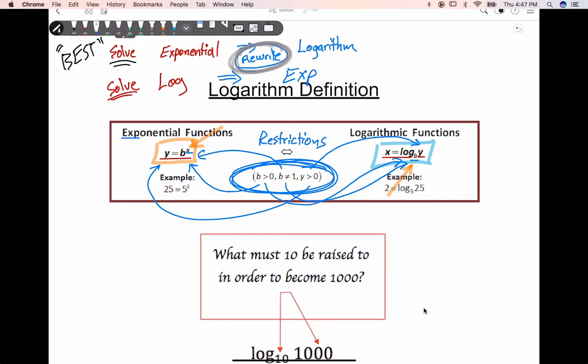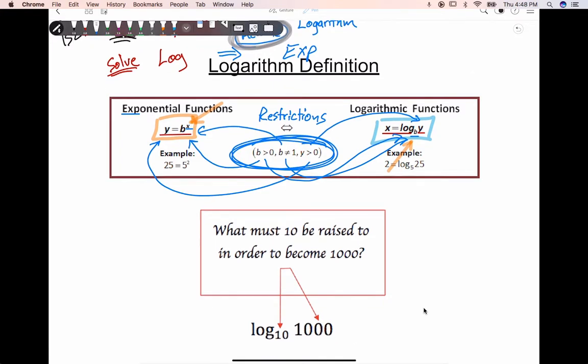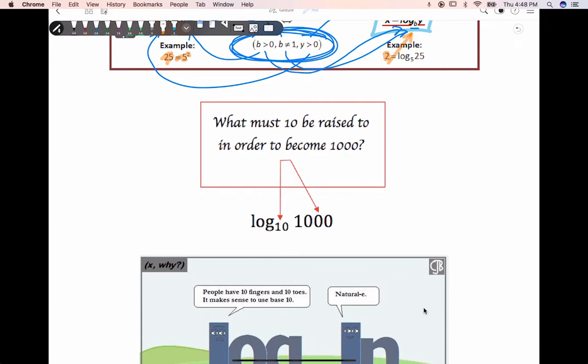Okay, so the way we would read these is 25 is equal to 5 to the power of 2, and then 2 is equal to log base 5 of 25. Now, let's see what 10 must be raised to in order to become 1,000.